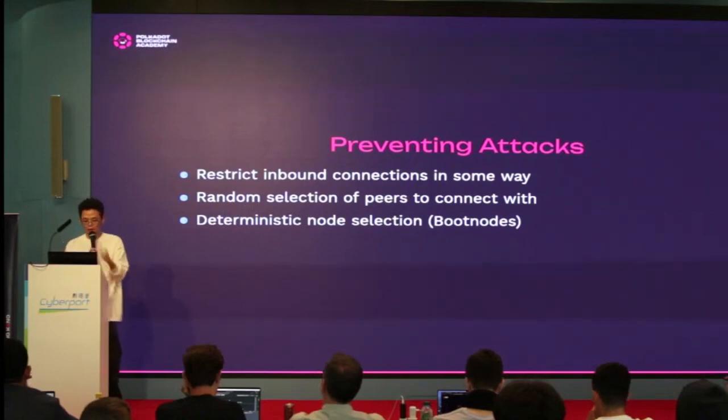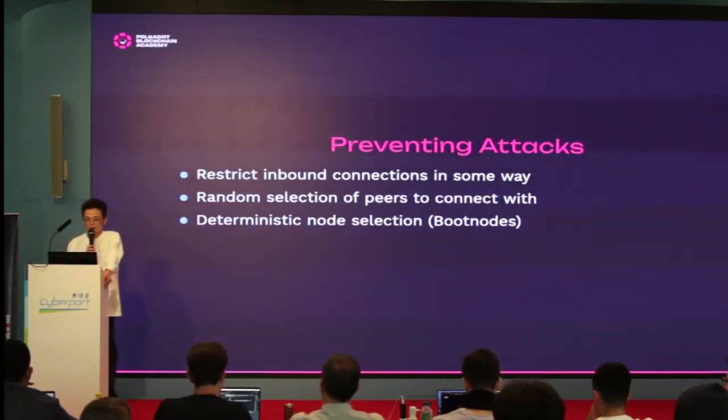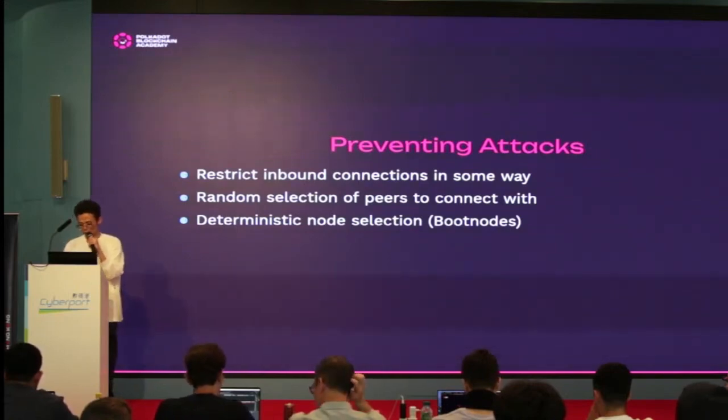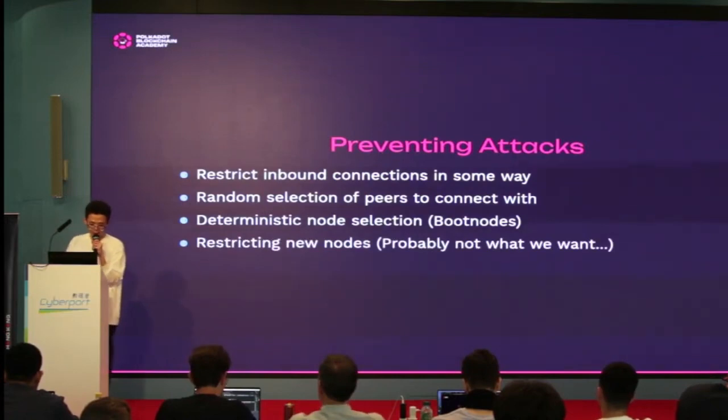But it will also be based on reputation, so you can hardly say that such a node will always be reliable. But deterministic node selection to select the nodes with higher reputation will decrease the chance of being attacked. And we can also restrict the new nodes.